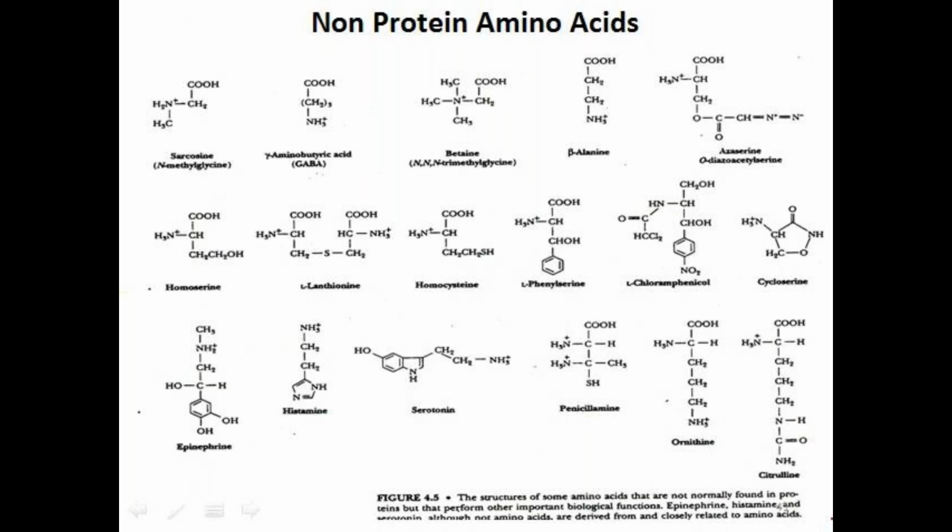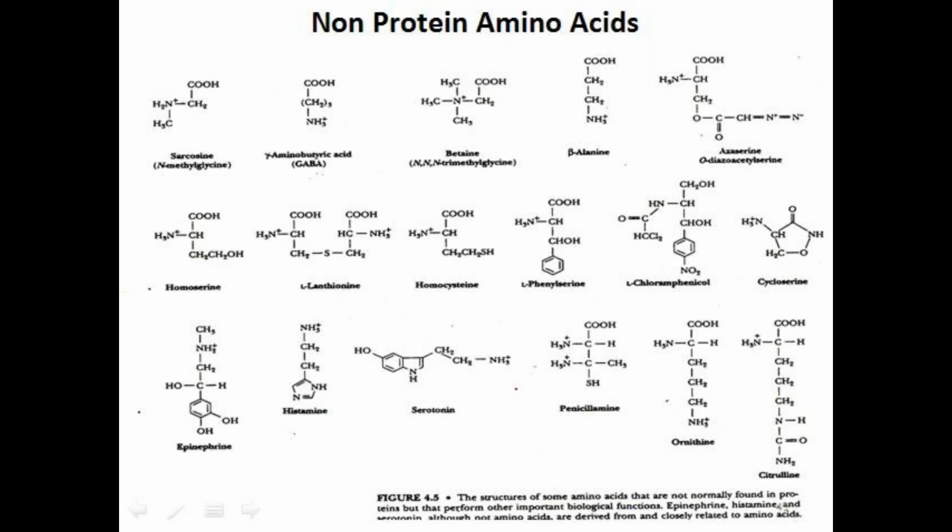These are mainly sarcosine, gamma-aminobutyric acid, beta-alanine, homoserine, lanthionine, homocysteine, phenylserine, chloramphenicol, cycloserine, epinephrine, histamine, serotonin, penicillamine, ornithine, and citrulline.